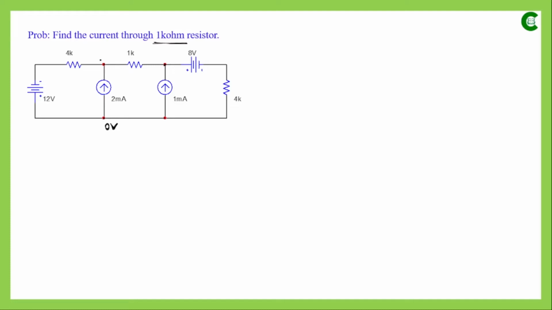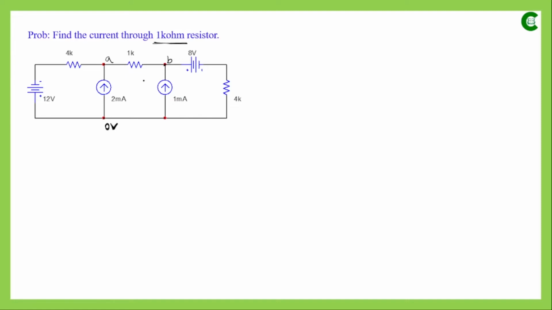Then let's mark the other two principal nodes as A and B. Now if we apply node analysis and form the node equations, then from these two nodes we will have two node equations. So the number of node equations is less than the number of mesh equations, so we will apply the node analysis method here.